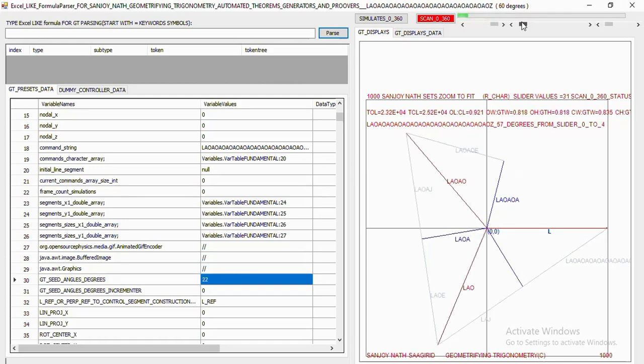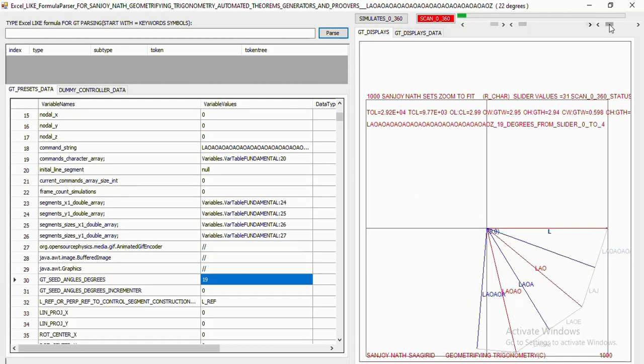Suppose if we change the theta, then you can see the behaviors of this gluing. Stage-wise the gluing of new triangles is coming, and one more line segment is added, and one more alphabet is added. With that, for example, suppose this is the given line segment. This one is the LA, this one is the LAO, this one is the LAOA, this line segment is the LAOAO.